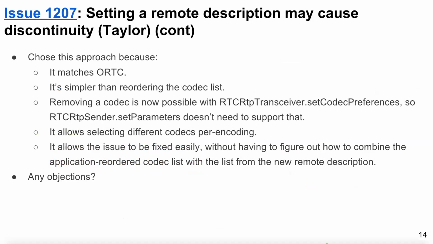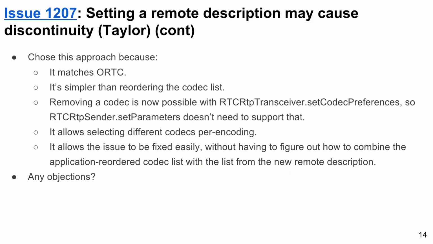So as I mentioned, this approach matches ORTC. I think that just setting one attribute is simpler than having to reorder a list. Also, part of the motivation for having a list that can be reordered is that it allows you to remove codecs completely, for example things that may not be used for media directly, like comfort noise or other sort of meta codecs.